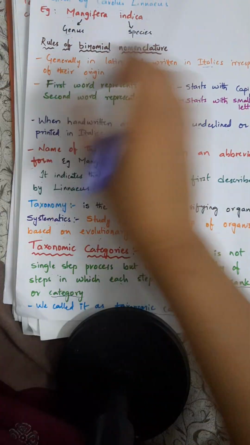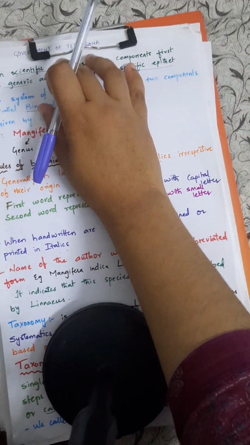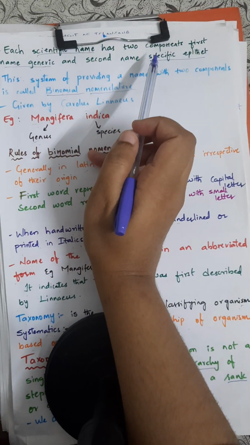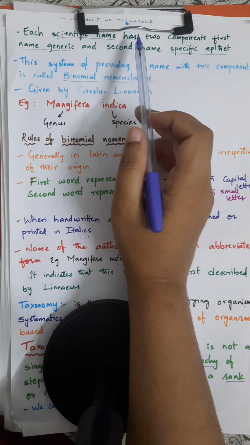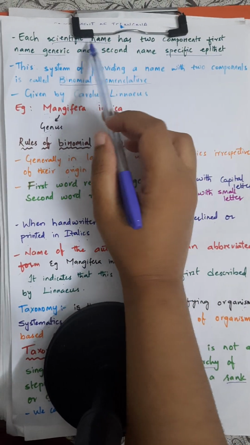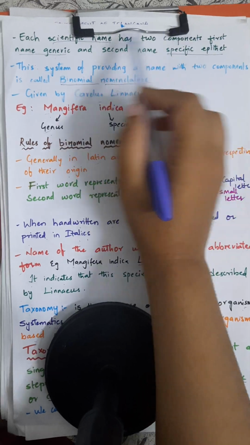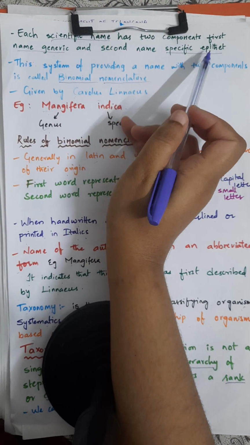Coming to the next slide. Each scientific name has two components. Each organism has one scientific name, and this scientific name has two components. The first name is the generic name and the second name is the specific epithet.